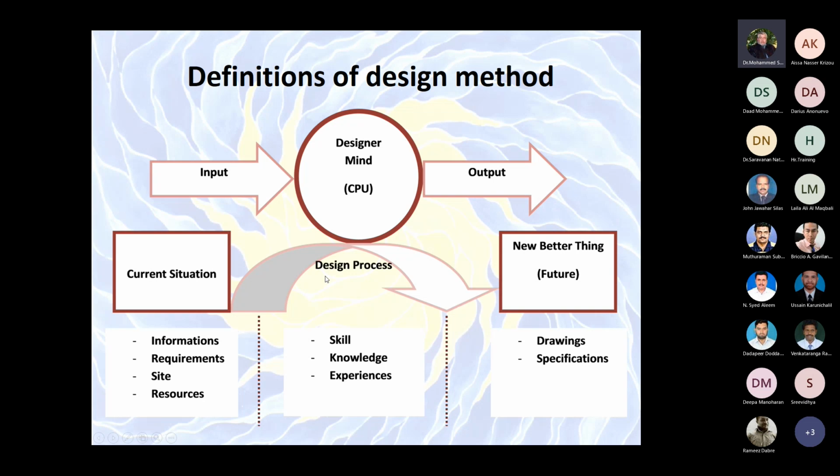Here we can see the design process, and it depends on the skills, the knowledge, and experiences of the architects or the engineers. And then in the end, we get the outputs, which means the new better things for the future, which means the drawings and specifications. We can explain all of what we explained before through this diagram.